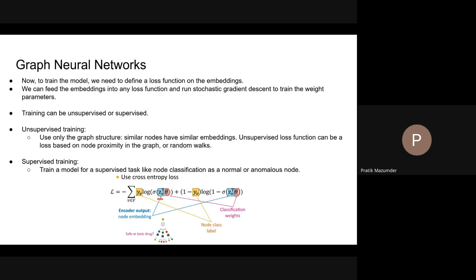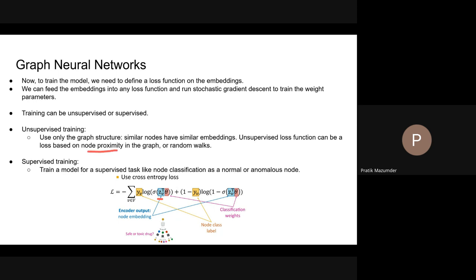You can also have, if you are doing some sort of unsupervised training where you only want to find similarity between nodes, say you want to find similar and dissimilar nodes, some unsupervised loss function also. So you can calculate some sort of node proximity, and based on that, that can be your loss.